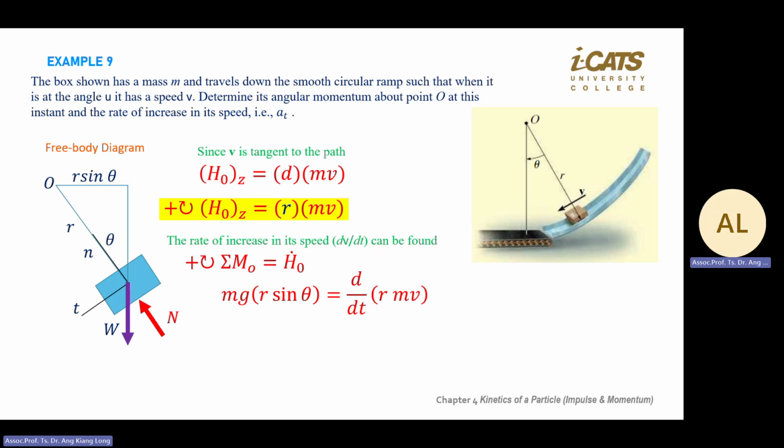If you split your W into the tangent direction, you will get W sine theta. How to do it? Maybe you cannot see it now, but you can do it in your revision time. You split your W into this direction and this direction.